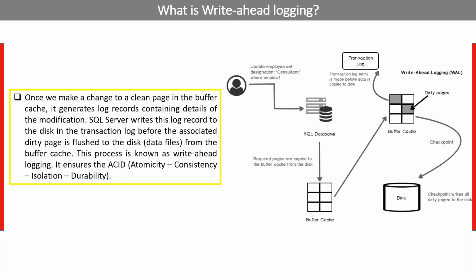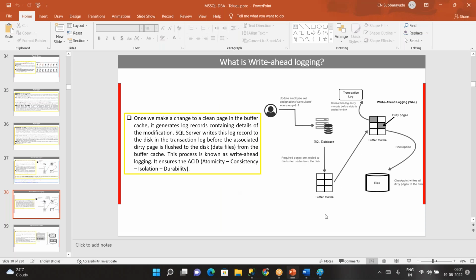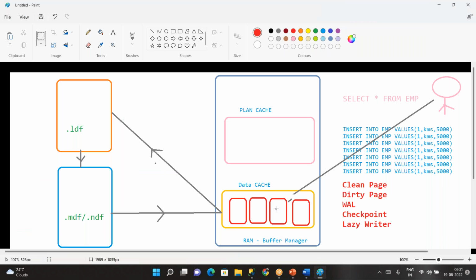See, once you make changes to the clean page in the buffer, it generates log records. Here is a little bit of confusion, so please understand very clearly, sir. In the cache, you call it a dirty page. In the LDF file, don't call it a dirty page, you need to call it a log record. In the cache you can call it a dirty page or clean page, whatever you want.